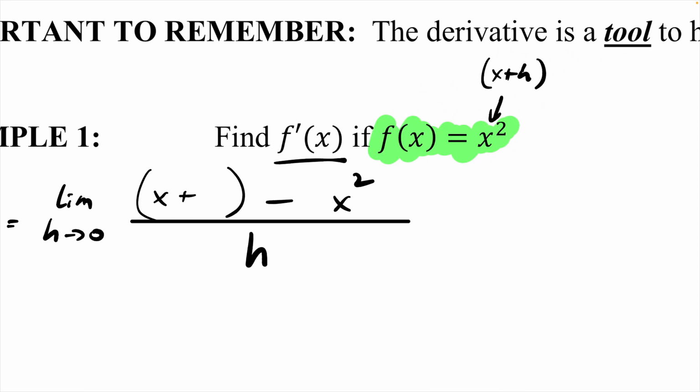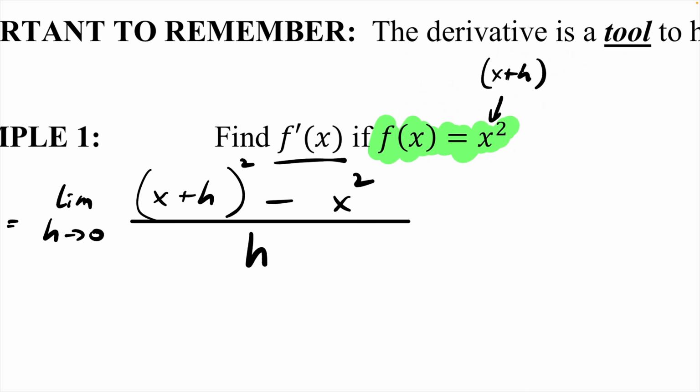Is it x squared plus 8? Right? All we're doing is plugging it in for x, just like we did for f of 2, just like we did for f of 2a. Everywhere we see an x, we're plugging in x plus h.